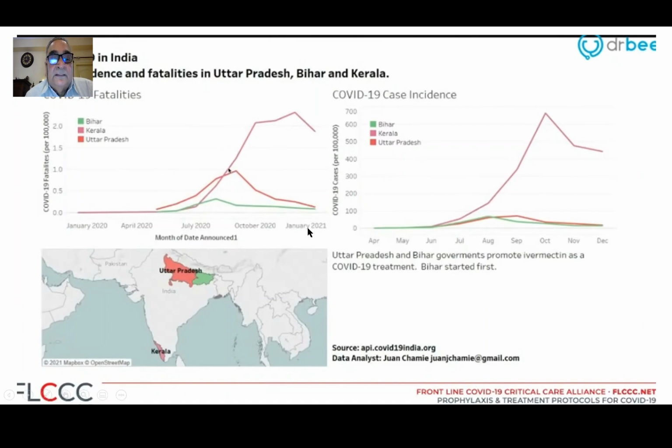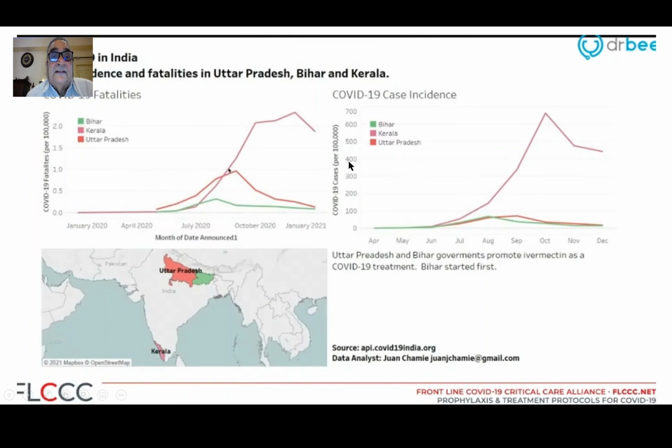And the FLCCC, the Frontline COVID-19 Critical Care Alliance, when they presented this data to the US Senate recommending Ivermectin, they said that Bihar was taking Ivermectin from the beginning. Uttar Pradesh started taking it at this black point here, and Kerala did not take it.